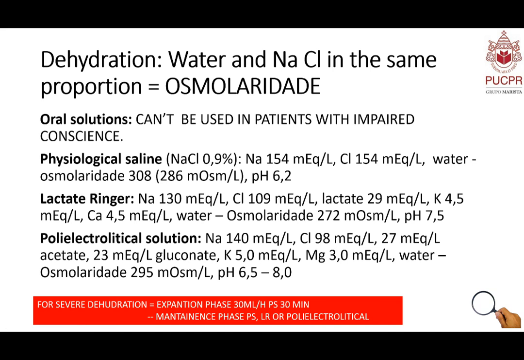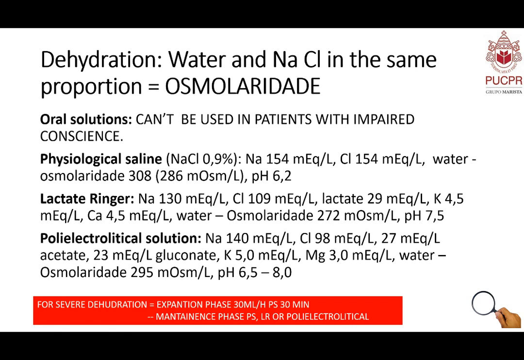Okay, so this leads us to the discussion of the kinds of solutions that we have in order to treat dehydration. Since dehydration is the loss of water and sodium chloride in the same proportion, you have no problems with the patient's osmolarity, right?